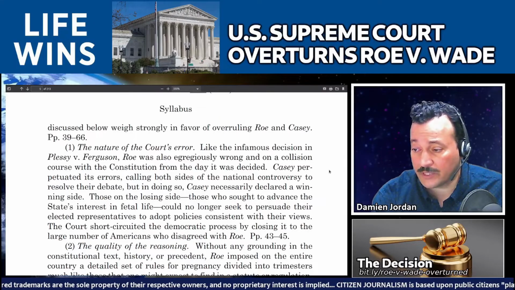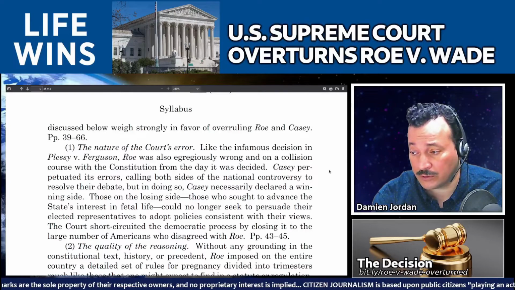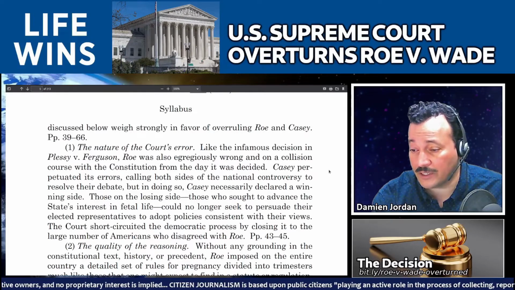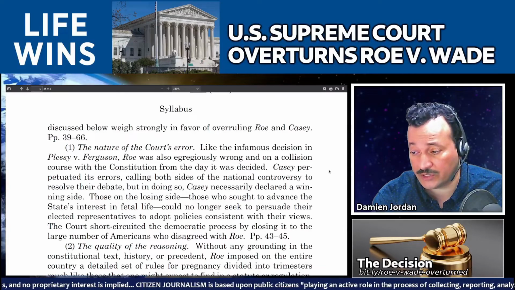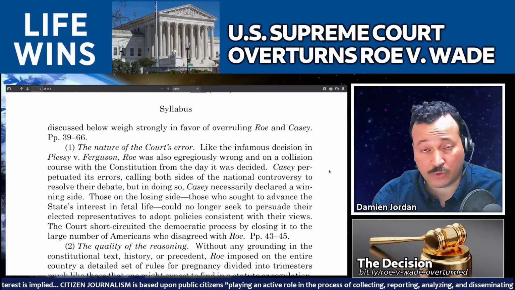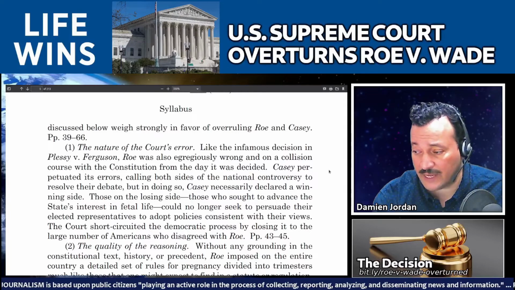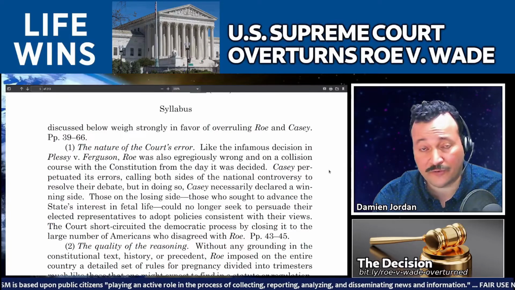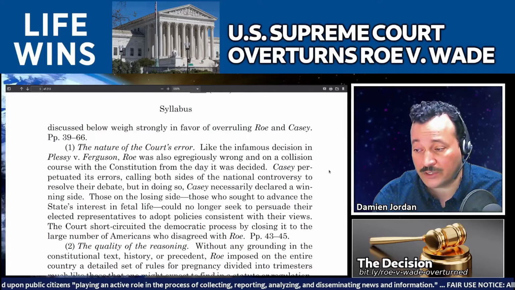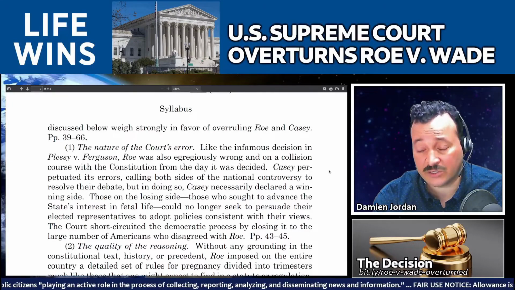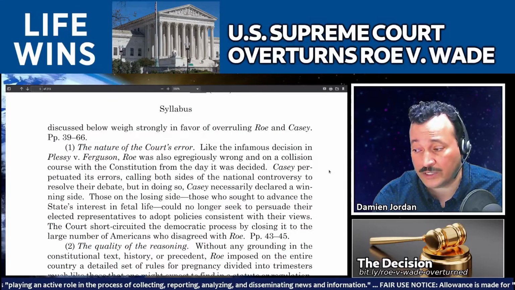Number 1, the nature of the court's error. Like the infamous decision in Plessy versus Ferguson, Roe was also egregiously wrong and on a collision course with the Constitution from the day it was decided. Casey perpetuated its errors, calling both sides of the national controversy to resolve their debate, but in doing so, Casey necessarily declared a winning side.